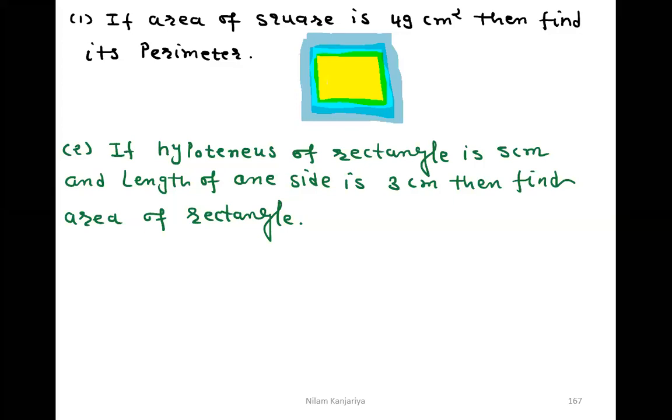I need the procedure. How could you find that the perimeter of the square is 28 centimeter? Why? What is your first step? What did you do first and what next? Then you can tell me the procedure. The answer is right.